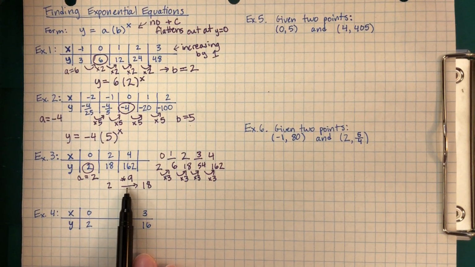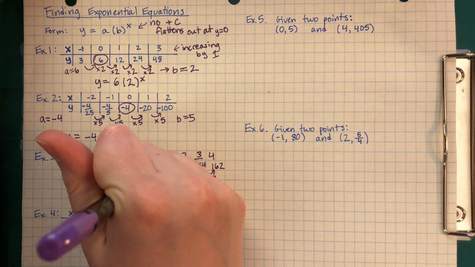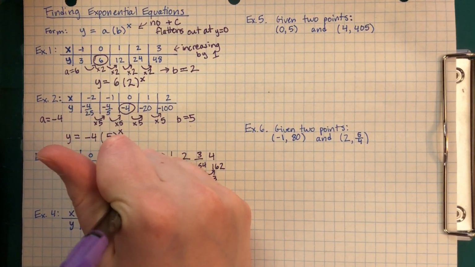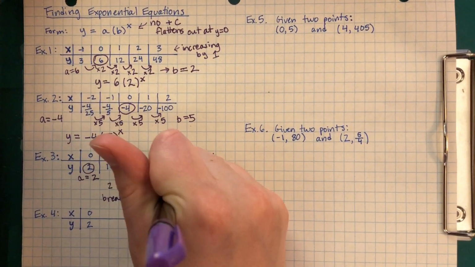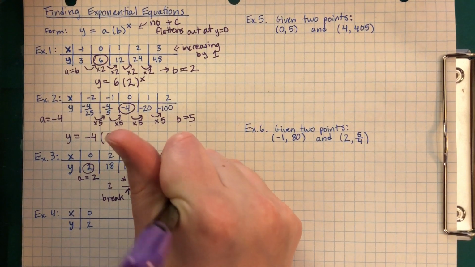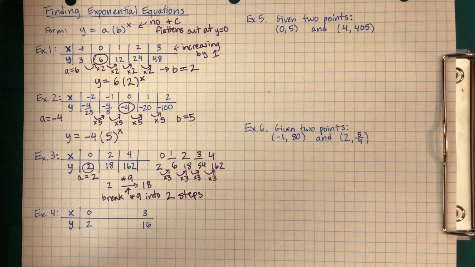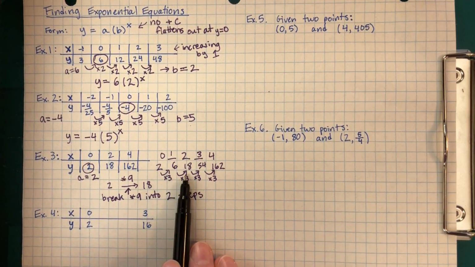But based on our table here, we needed to break multiplying by 9 into 2 steps. So instead of multiplying by 9, we really want to multiply by 3 and then by 3 again.